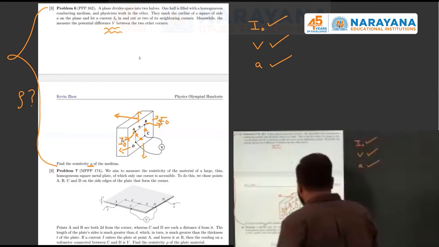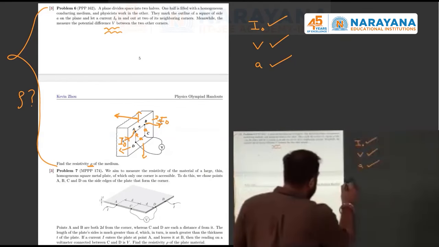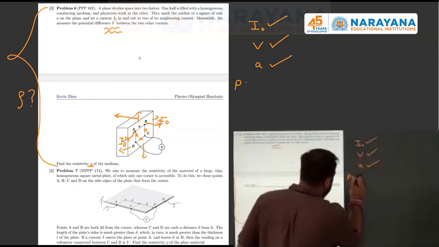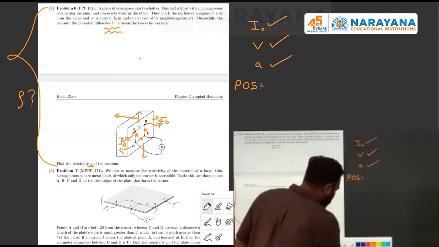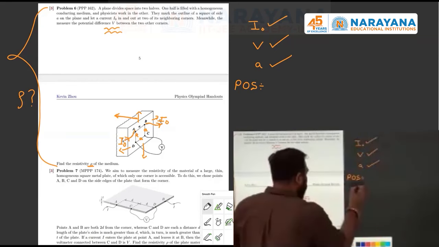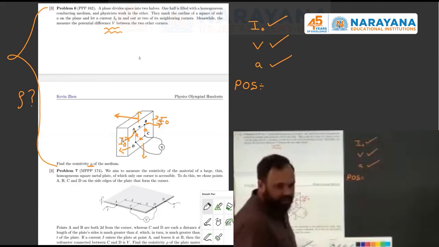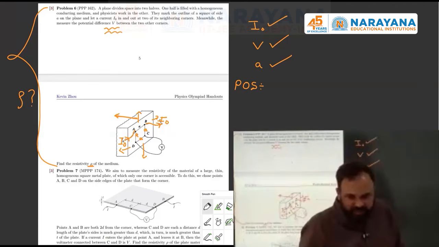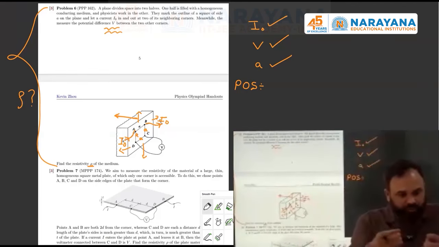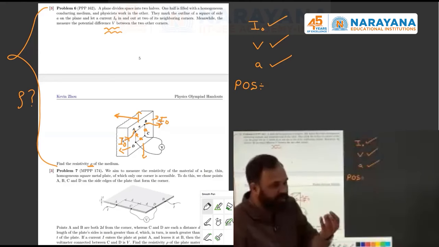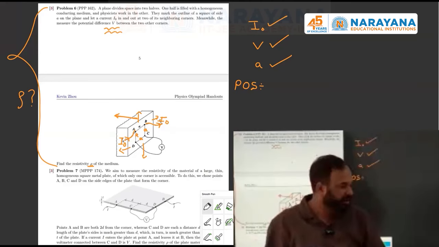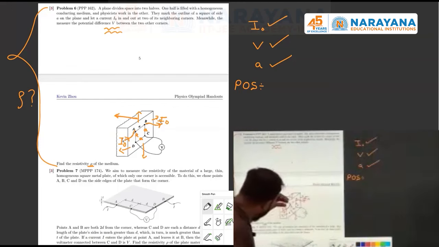So quickly, I will just tell you, this problem is based on the principle of superposition. First of all, I'll try to distribute current from A and assume that B is absent. So current will be distributed uniformly, and the current spreads in the form of hemispherical wavefronts. If you look into that material, it will expand out like hemispheres.